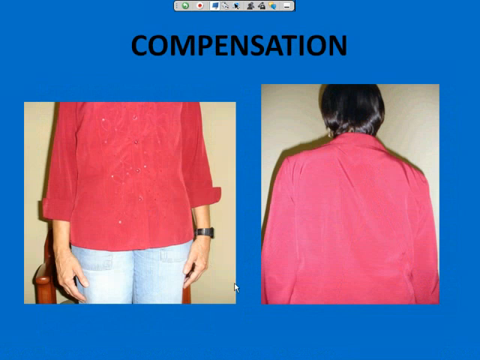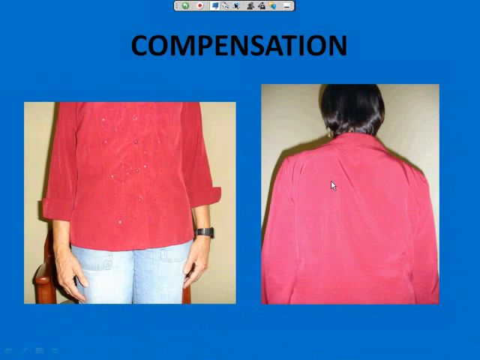Now, going back to evaluations at a booth or expo or health fair, looking at the compensation techniques or inabilities, you can see that the left hand is higher than the right. You see how the right elbow is forward and the left elbow is back.